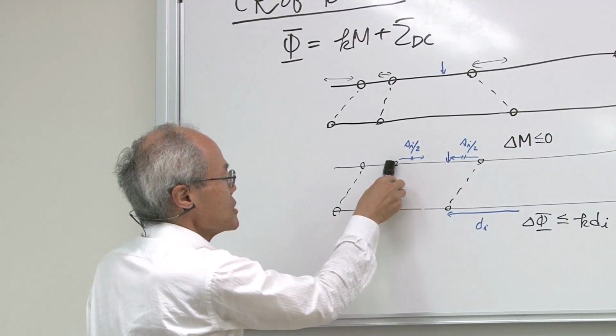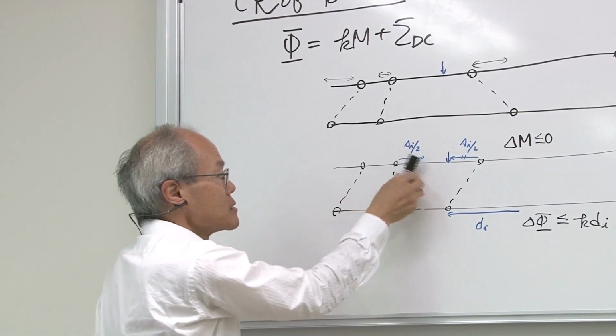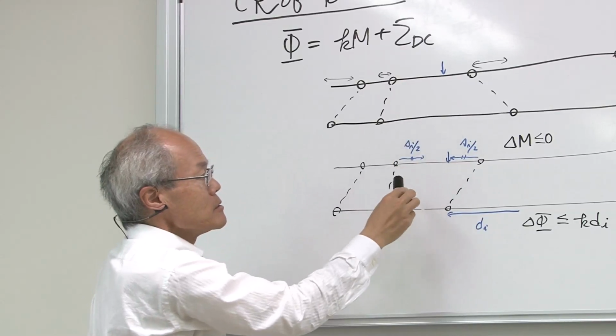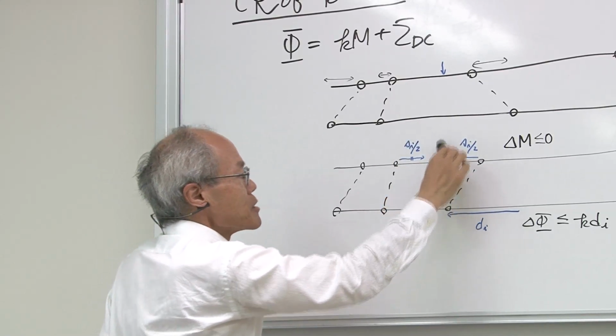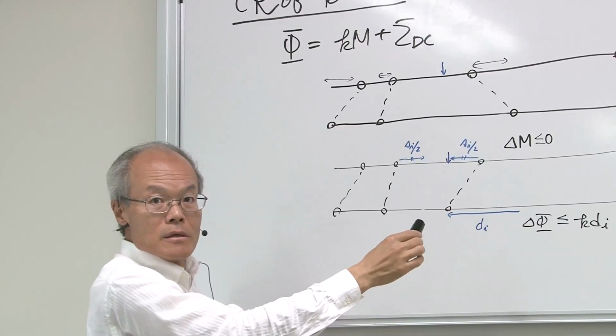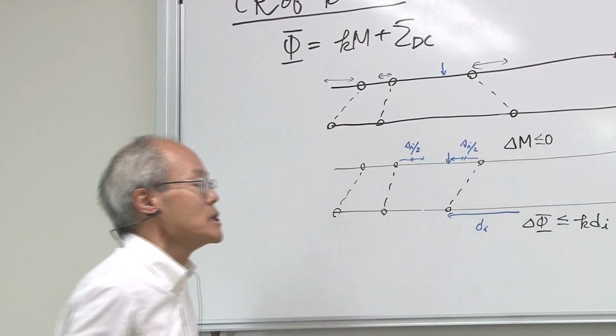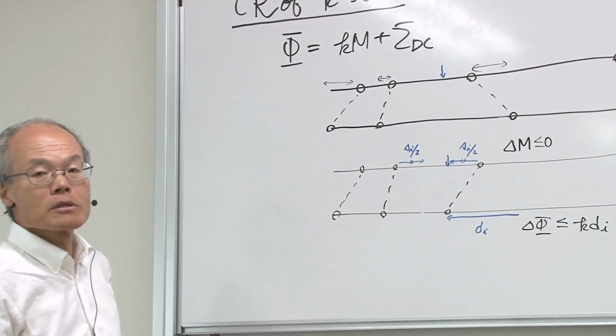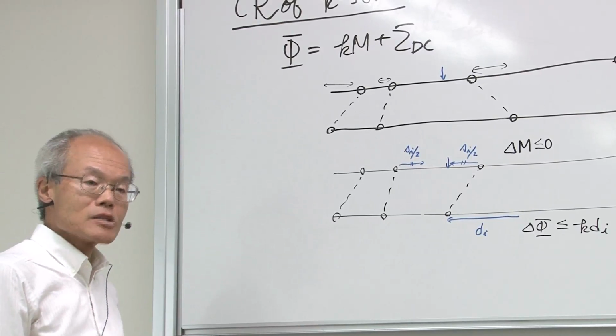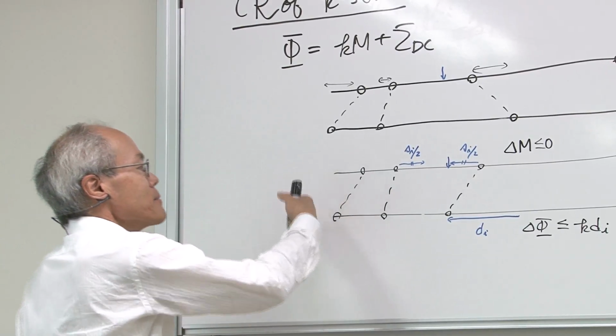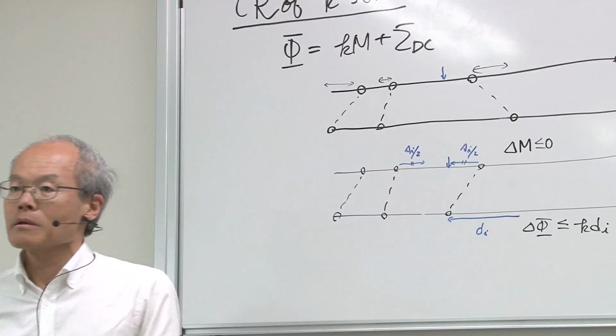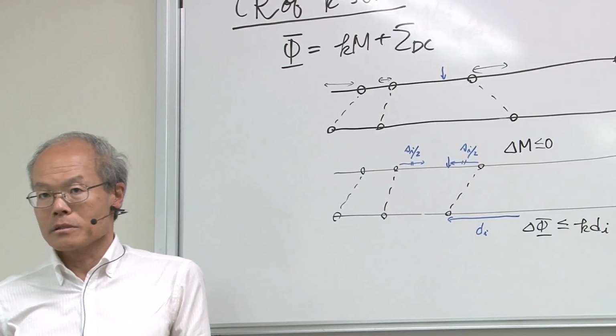This matching increases by this value, but because of this minus value, the total increase is at most 0. Of course, for other matchings, there is no change.